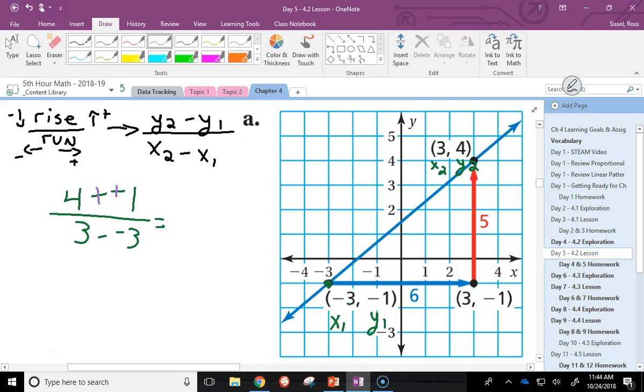So 4 plus 1 is 5. And then 3 minus negative 3 is 6. Good. We are done. Our slope is 5 over 6 because that fraction cannot simplify.